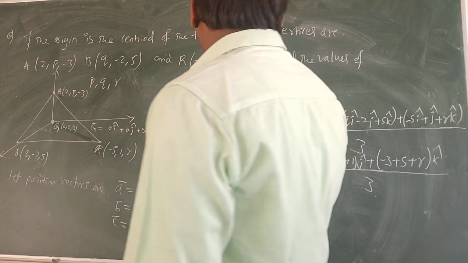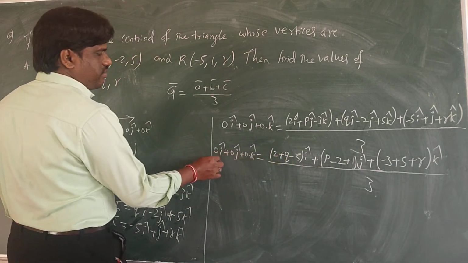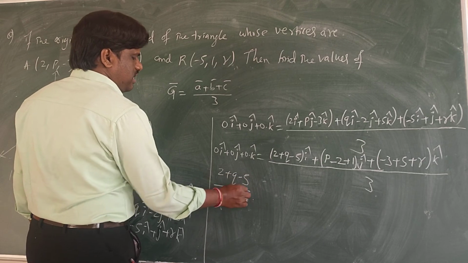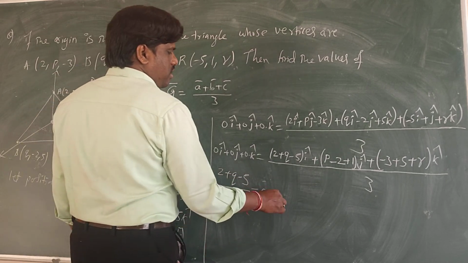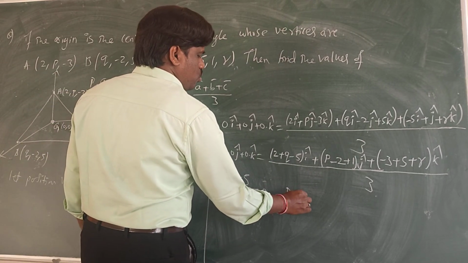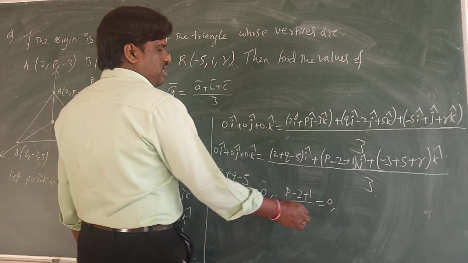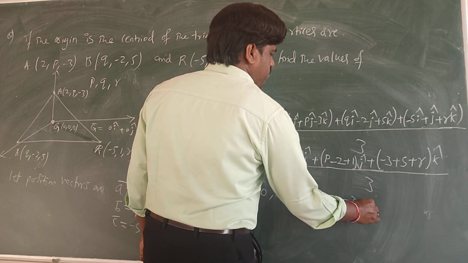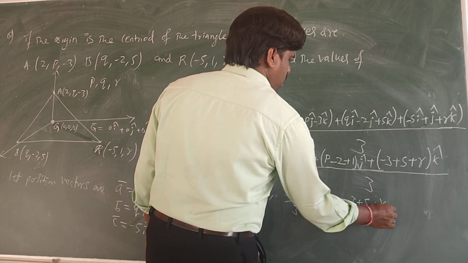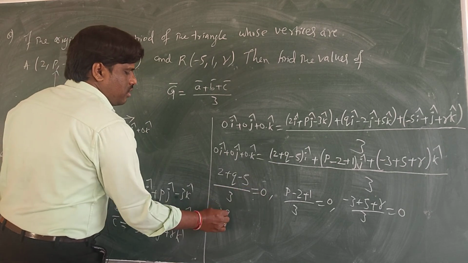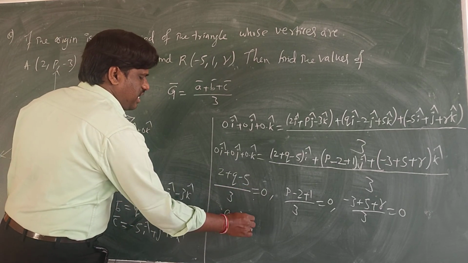Now equate: 2 plus q minus 5 upon 3 is equal to 0. p minus 2 plus 1 upon 3 is equal to 0. Another one, minus 3 plus 5 plus r upon 3 equal to 0. Cross multiplication: 3 into 0 is 0, so q minus 3 is equal to 0.